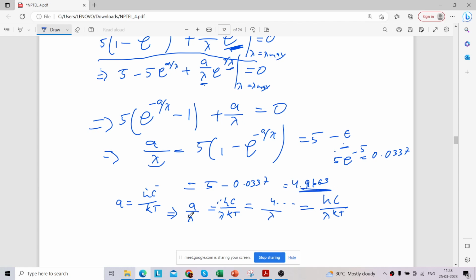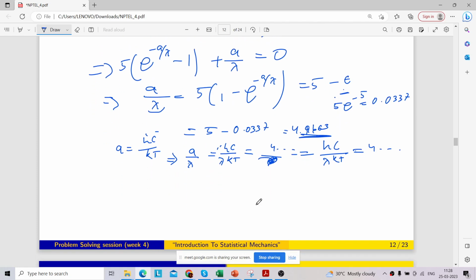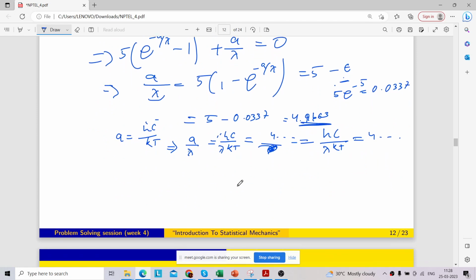So from here we can take this lambda to be lambda max. Then I'll have lambda max times t equal to hc over k times this 4 point something.